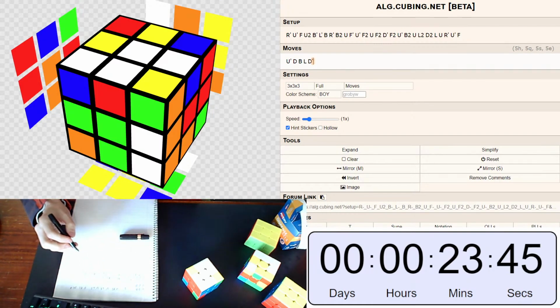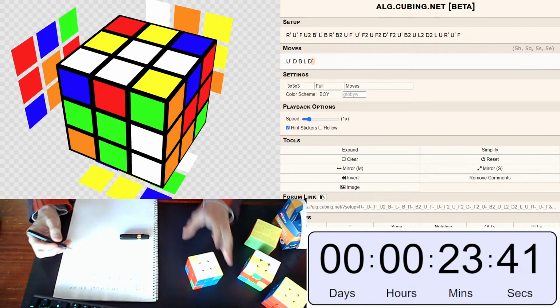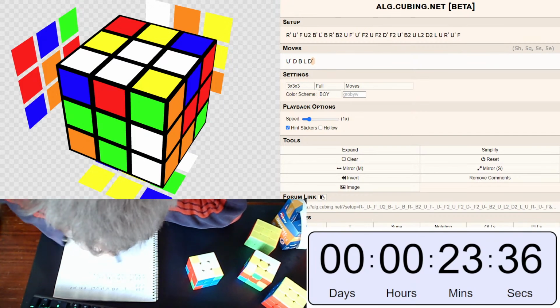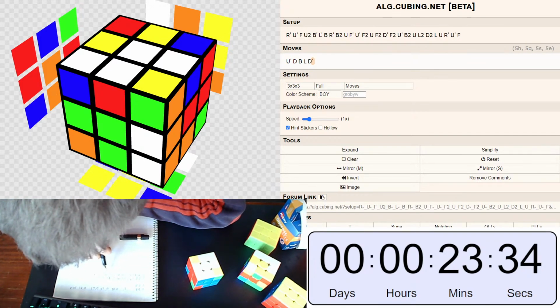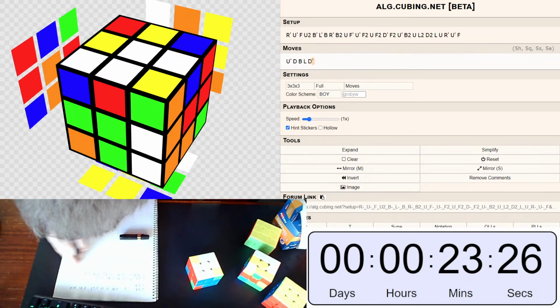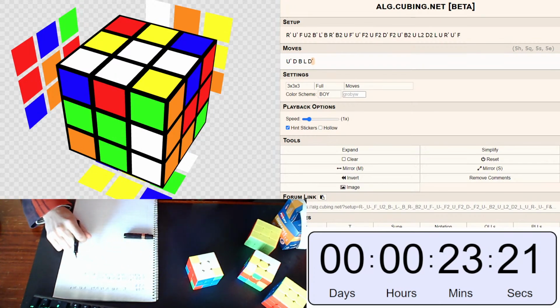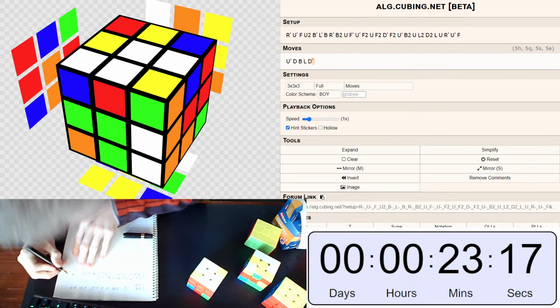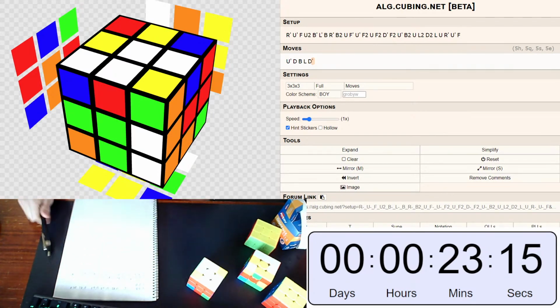Ooh, ooh, ooh, that cancels. Ooh, that cancels moves. Oh, that's good. Okay, that's really nice. So, 1, 2, 3, 4, 5, 6, 7, 8, 9, 10, 11, 12, 13, 14, 15, 16, 17, 18, 19, 20, 21, 22 moves to 5 corners. D prime D cancels, 21, no, 20. U prime cancels to U2, 19. Woo! That's cool.